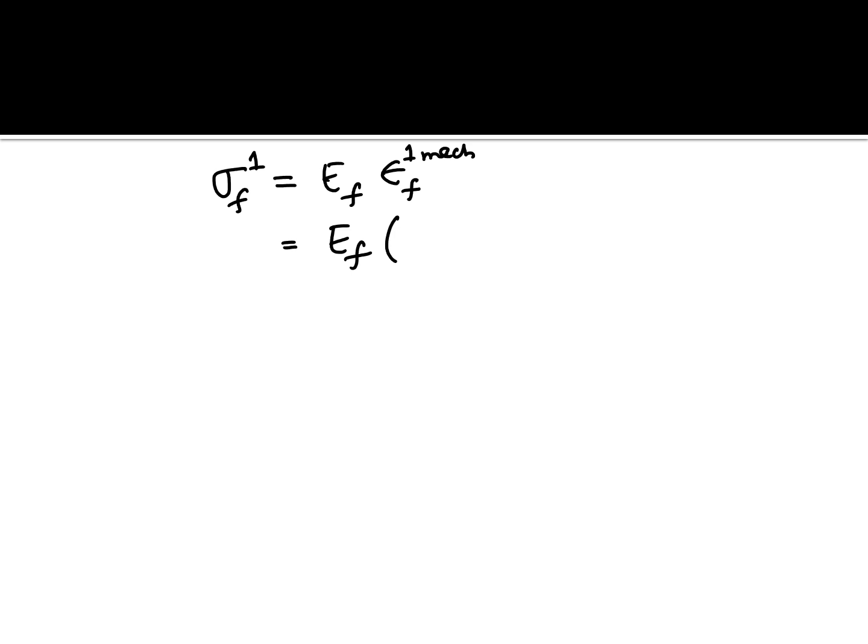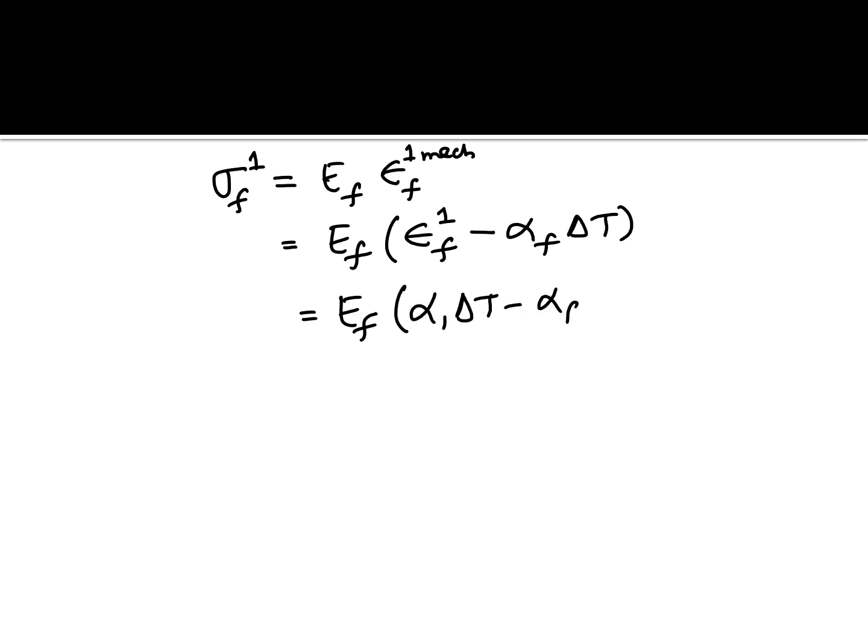Mechanical strain will be whatever was the actual strain in the fiber, minus whatever would have been the free expansion strain in the fiber. But we also know that since the strain in the fiber is the same as the strain in the matrix and the strain in the composite, this is nothing but alpha 1 times delta T. So that makes it very simple here.